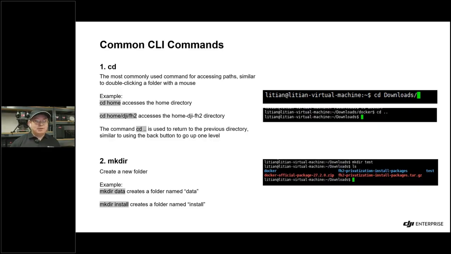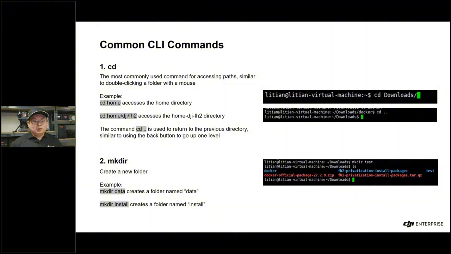The first one will be the command CD. When you're in a command line interface, type CD and hit space, then add the directory you want to access. This is equivalent to, let's say, double clicking a folder on the desktop.